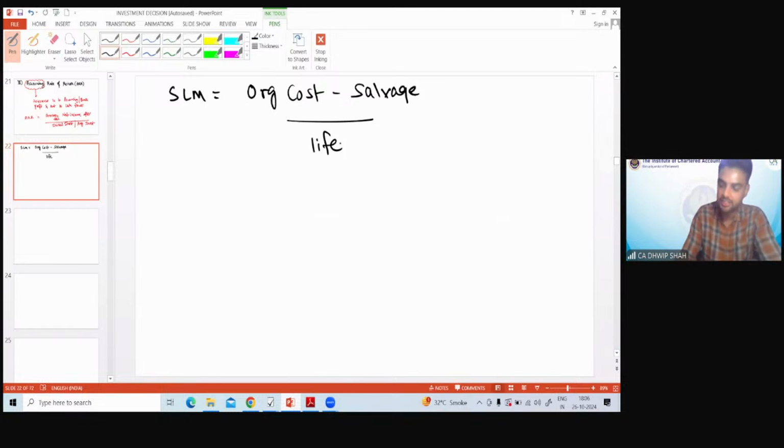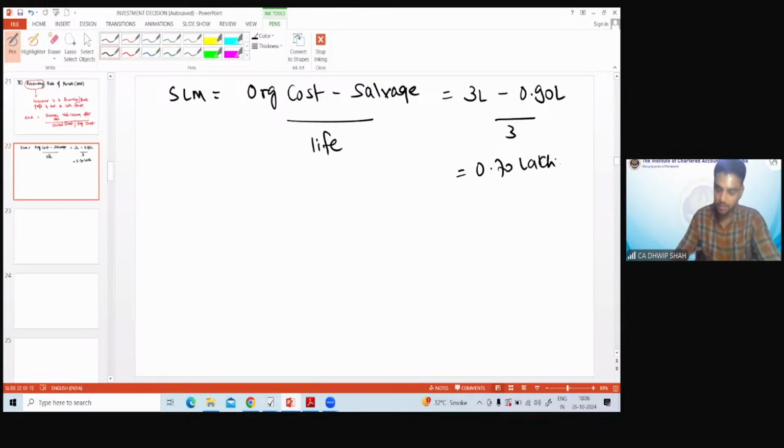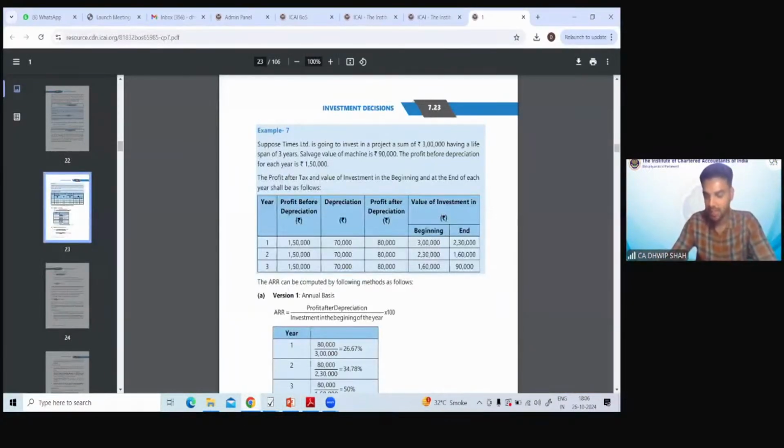We studied this in our 11th class. Original cost 3 lakh, salvage 90,000, divided by life 3 years. So 0.7 lakh per annum. So my profit before depreciation was 150. I subtracted depreciation of 70,000. So my profit after depreciation comes to 80,000.